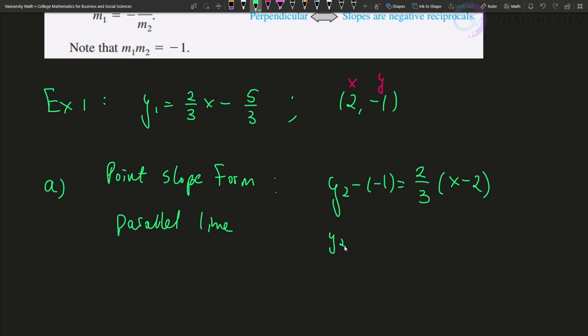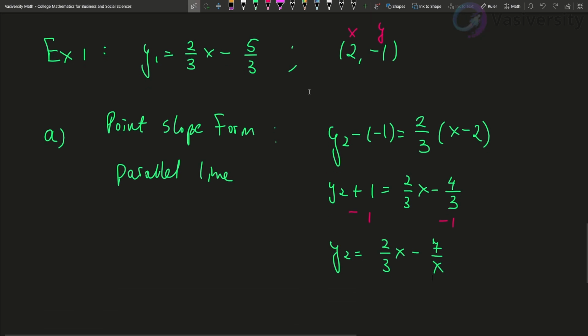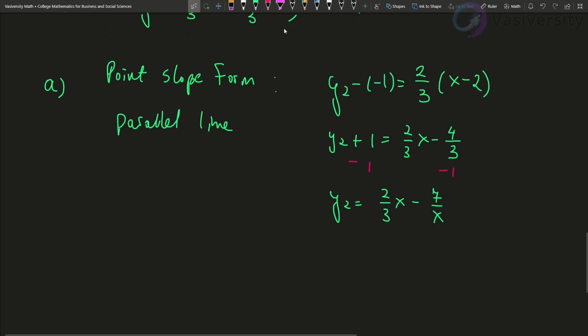So we have y2 plus 1 is equal to 2/3 x minus 4/3. Now let's subtract 1 from both sides. So 1 and 1 cancel out, and we have y2 is equal to 2/3 x minus 7/3. Right, so this is our parallel line to our original line.